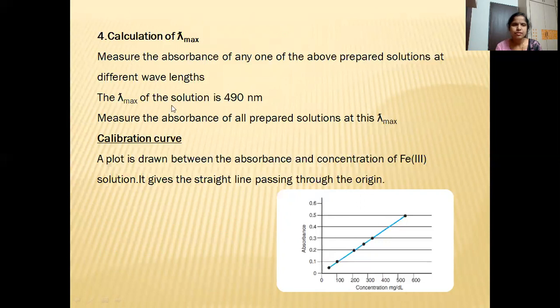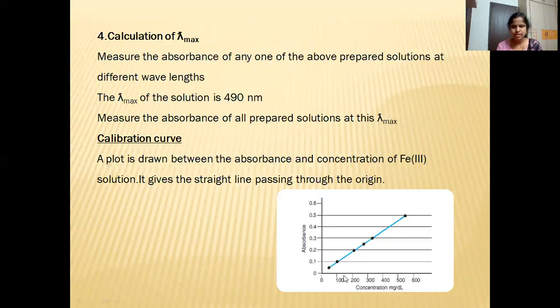We have to see where the lambda max is observed. At 490 nanometers, you set the instrument and find out the absorbance of all the standard solutions we have prepared. Then we have to draw a calibration curve.